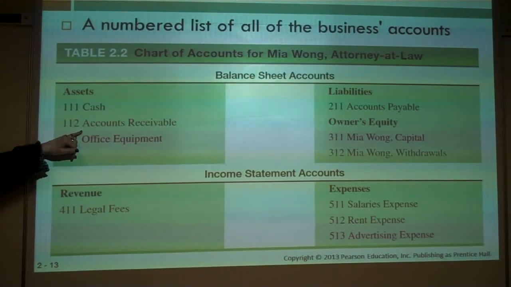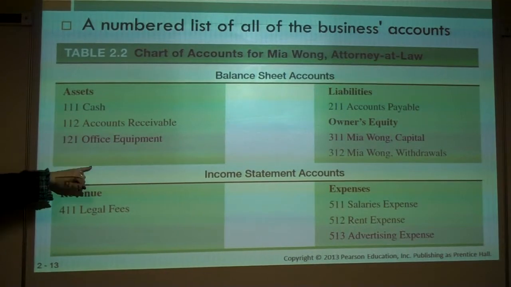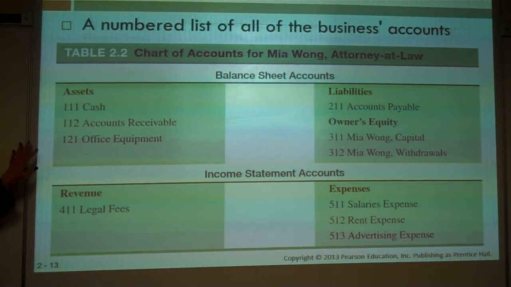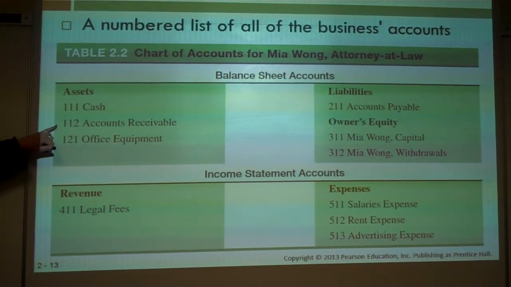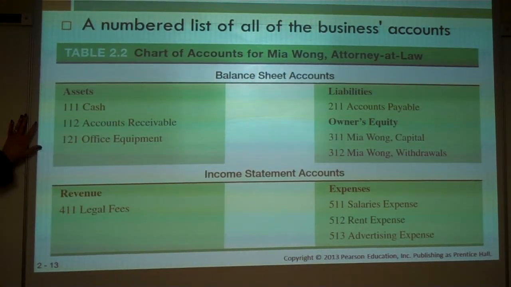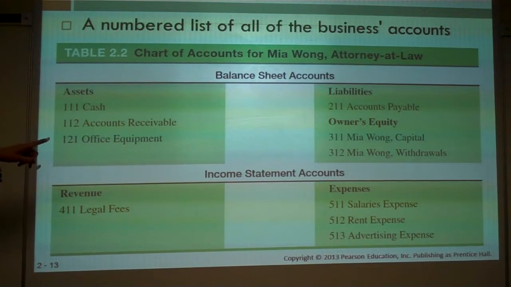Usually all of the accounts receivable, which would be our customers, would have an account number too. This book doesn't use account numbers, and I don't know why. So this will be our controlling account for accounts receivable, and then 211, the accounts payable, will be the controlling account for that subsidiary ledger. So all of our vendors will be listed under accounts payable, and they don't have account numbers.